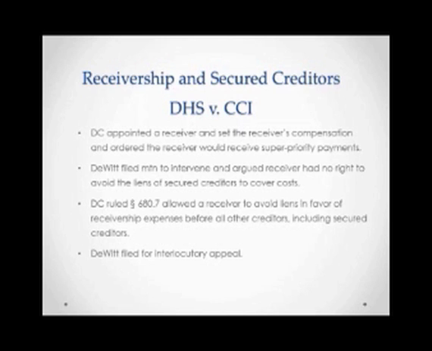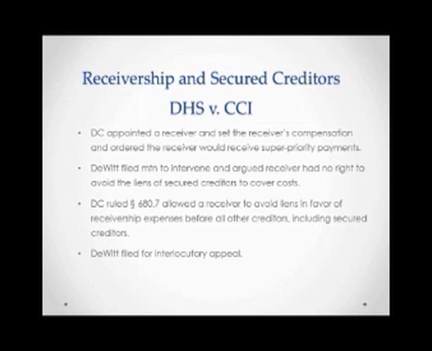So the district court ruled against DeWitt Bank, finding that Section 680.7 allows a receiver to avoid liens in favor of a receivership. And the secured creditor is just kind of out of luck.